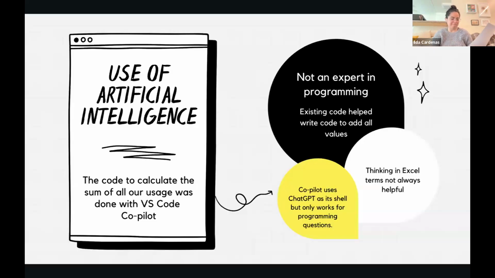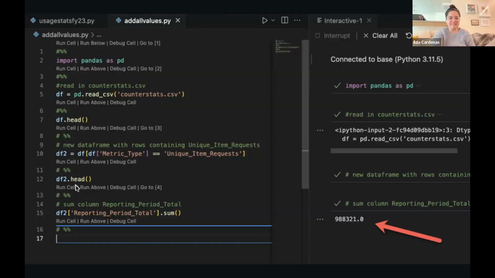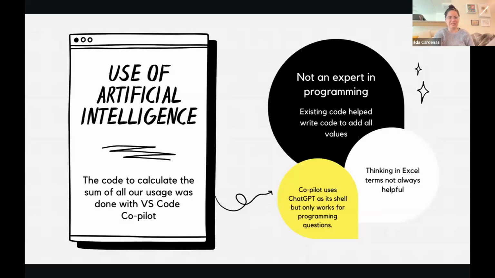And now, this code I wrote with the help of GitHub's Copilot. So I have a subscription to GitHub's Copilot. It uses ChatGPT's artificial intelligence to help you find coding solutions.